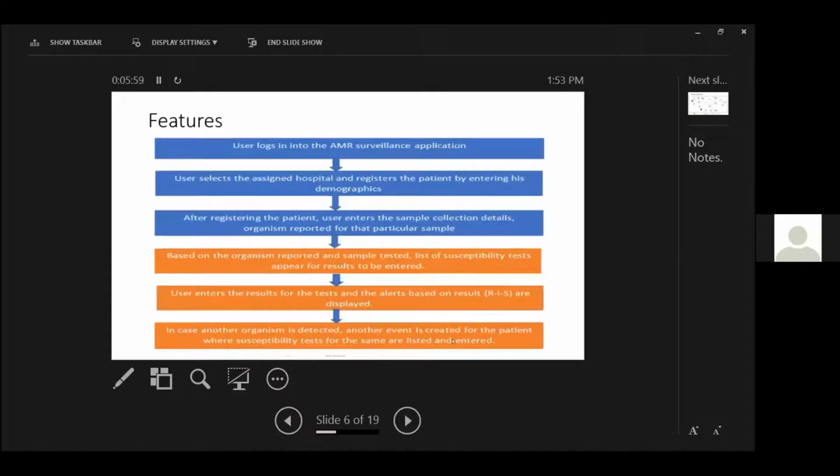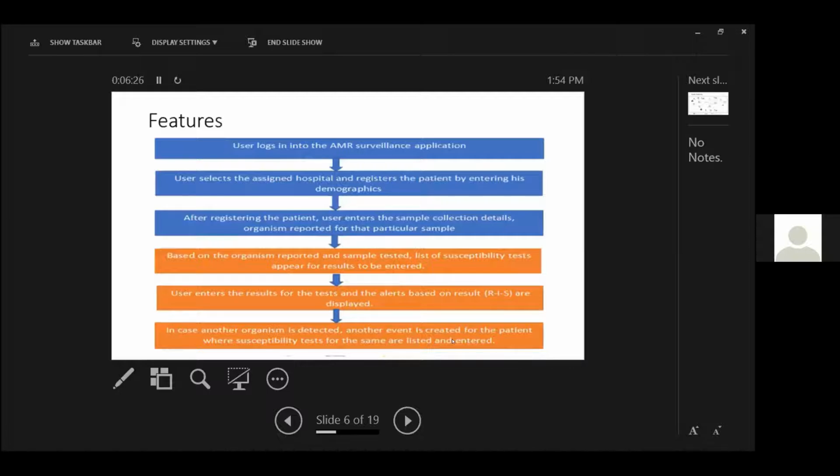So the features of this platform are: the user logs into these tools through the AMR surveillance application, which is customized from the DHIS2. A user selects the assigned hospital and registers the patient by entering the demographics, like we do for any other electronic medical record system.